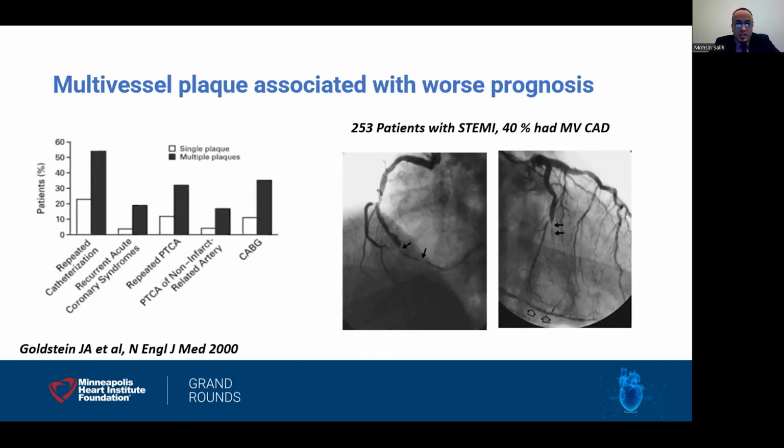They followed those patients, comparing those who had multiple plaques to single plaque, and the multiple plaque group was associated with a higher rate of repeated cardiac revascularization, recurrent ACS, plus the rate of revascularization either by PCI or by CABG was higher compared to single plaque patients.